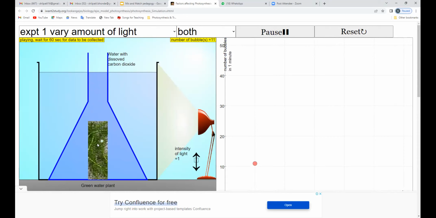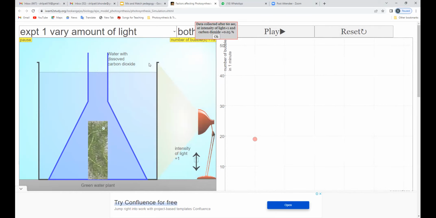The plant material is a source of chloroplast, which will take water and light, and by using chloroplast, it will prepare food in the form of glucose, and oxygen will be released as a gas. We can pause it.